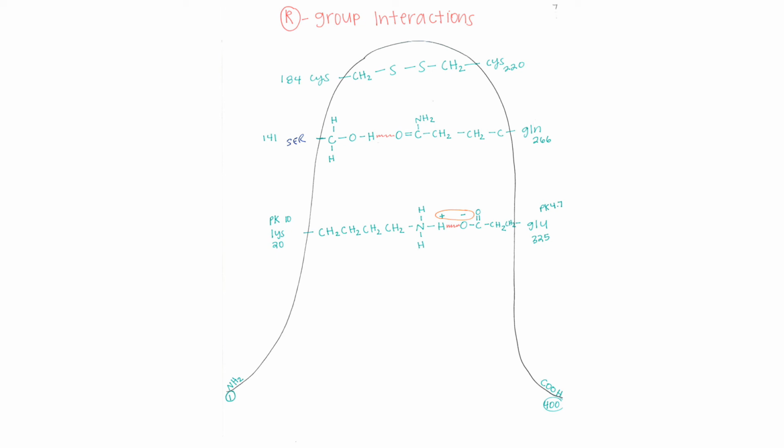Now here's the other thing. And that is that these amino acids that I'm showing you are a long distance apart. They're very far apart on the primary structure. Yet the folding brings them right next to each other.